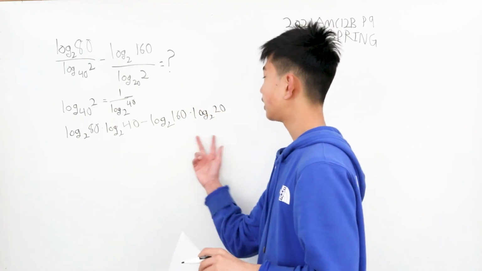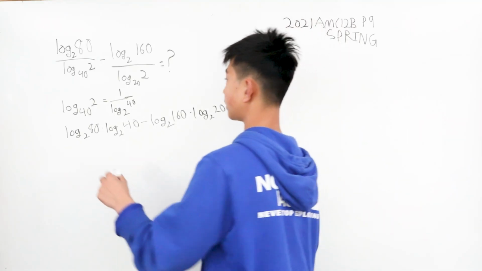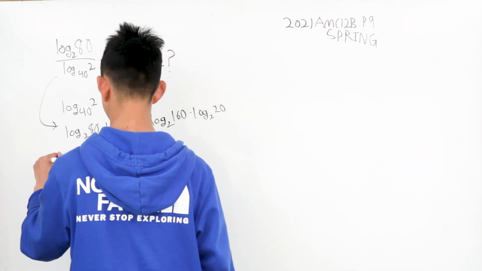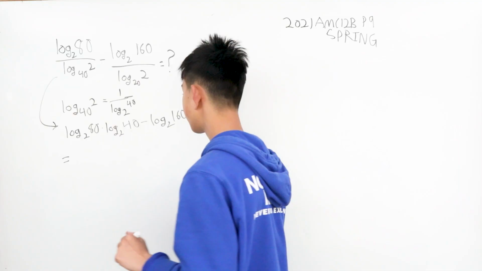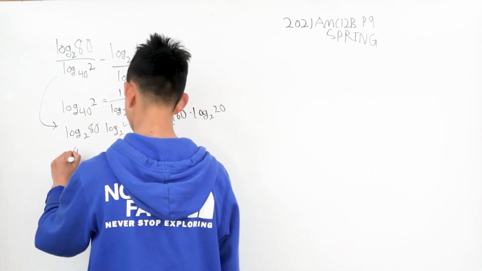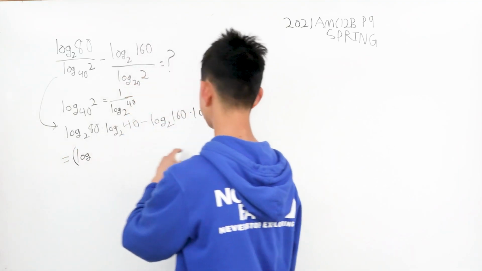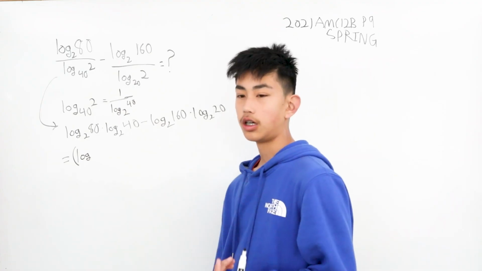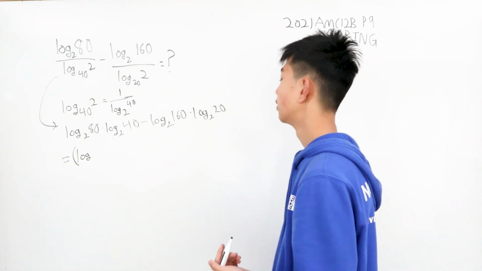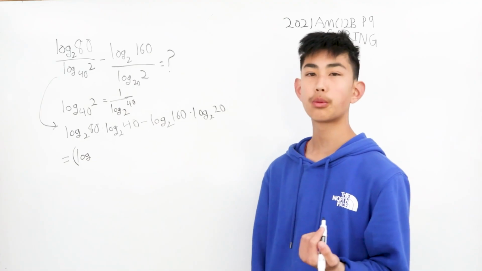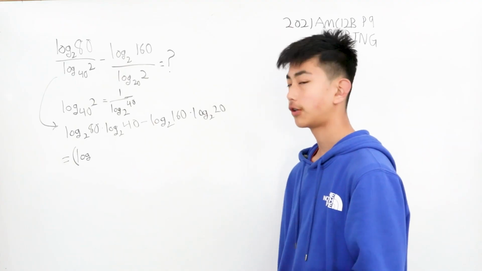We can then split these two things up and simplify these logarithms. We see that all of these can be one way or another made into log base 2 of 20, so we want to obtain log base 2 of 20 for each one.